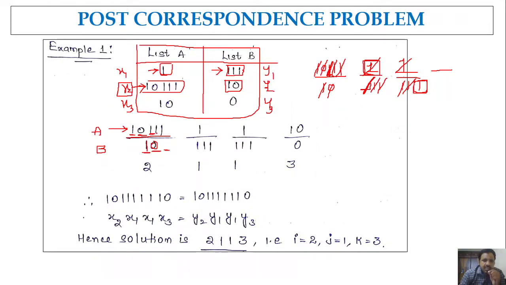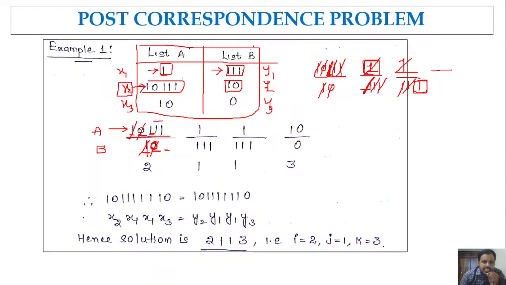Come back to the point. Here I have selected x2, so I got 10111 in the numerator part, and I selected y2, so I got y2 in the denominator part. The moment I select this, the 1 in A matched with the 1, and the 0 in A matched with the 0.